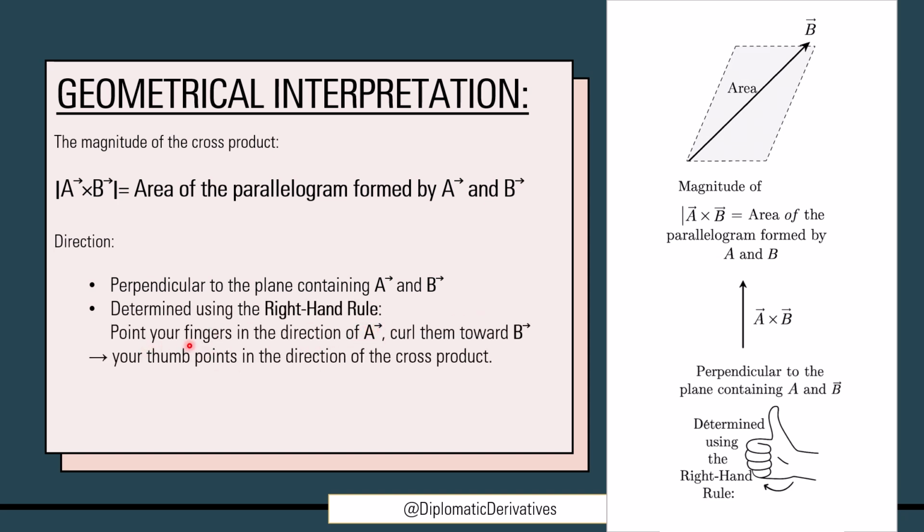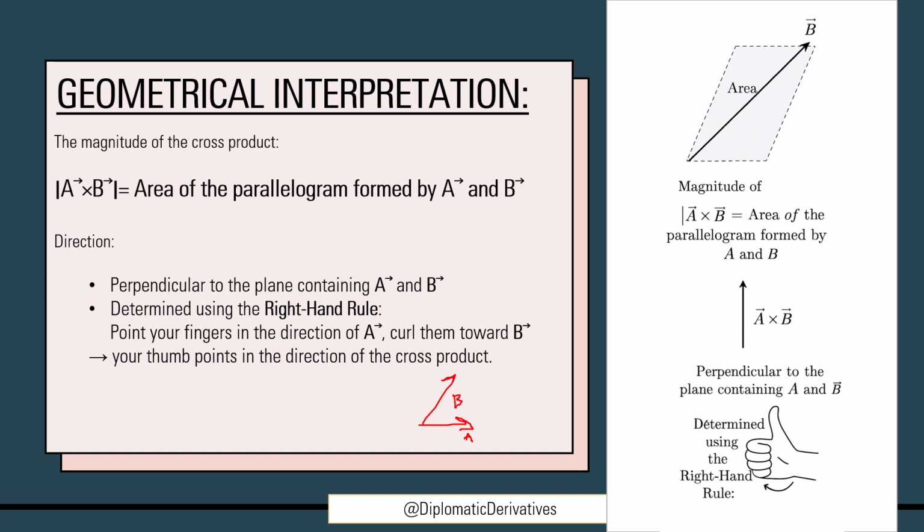Point your fingers in the direction of a, curl them towards b, and your thumb points in the direction of the cross product. So you have vector a and vector b. If I draw it here, let's suppose this is a, and then you have vector b here.